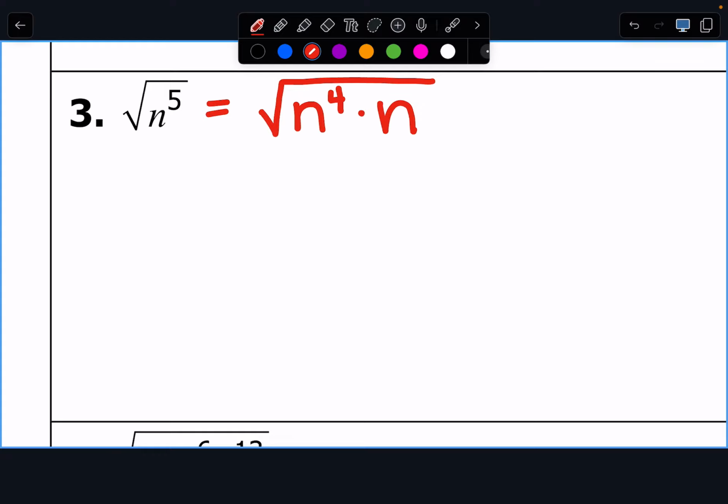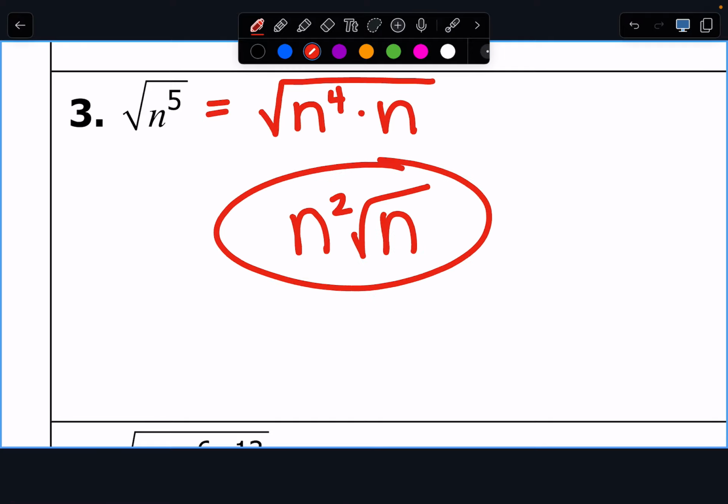Is that still n to the 5th? Yes. What's going to happen, n to the 4th under the square root, we can simplify to n squared. But then I have a loner n who has to stay underneath the radical. So sad.